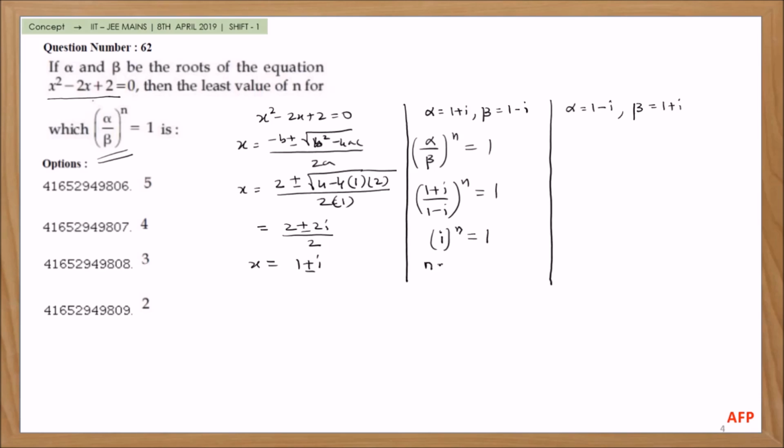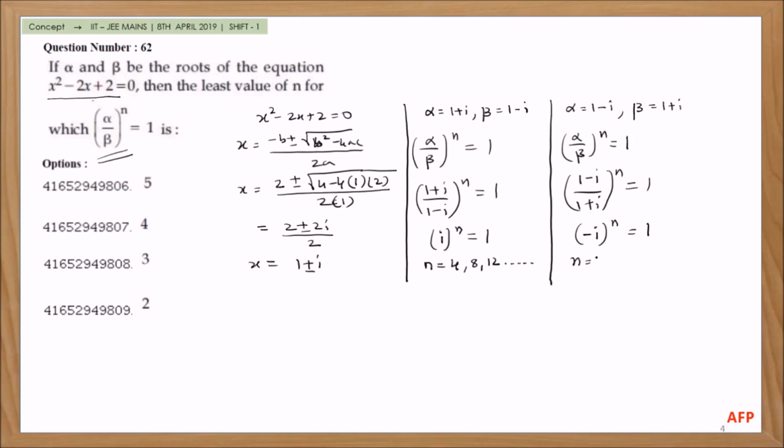This implies n is equal to 4, 8, 12, and so on. In the other case, alpha by beta whole raised to n equals 1, if I substitute 1 minus i divided by 1 plus i whole raised to n equals 1, and rationalize, we get minus i whole raised to n equals 1.